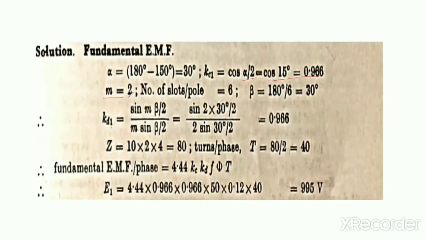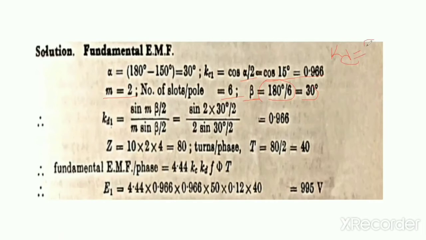And then M is equal to 2. Therefore, the number of slots per pole is 6 and beta is equal to 180 degrees by the number of slots per pole, that is equal to 30 degrees. There is no KD value given in this question, that is the distribution factor.